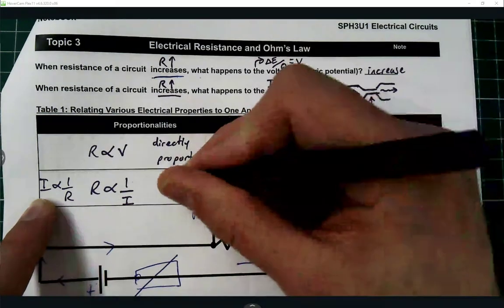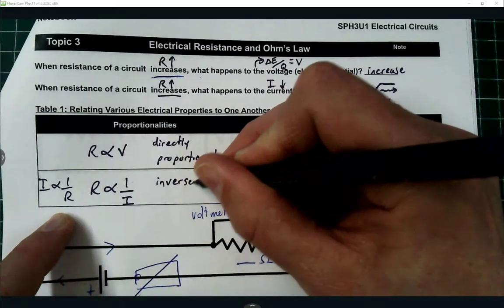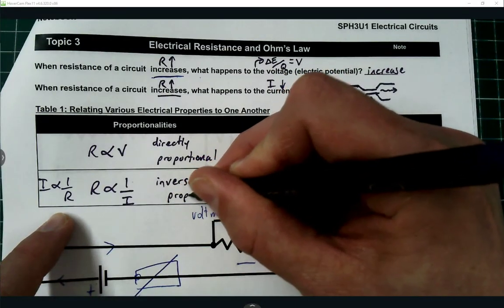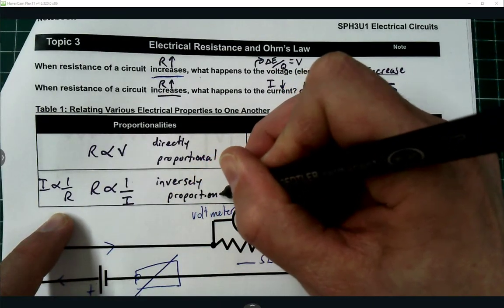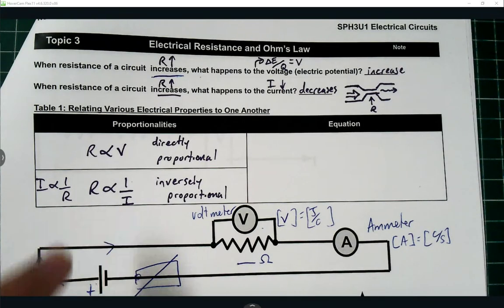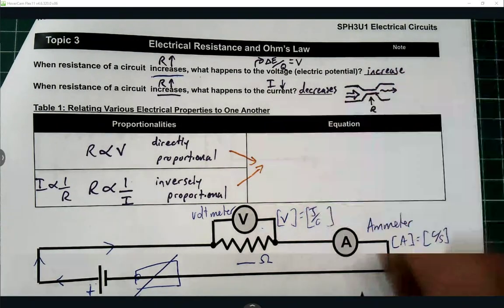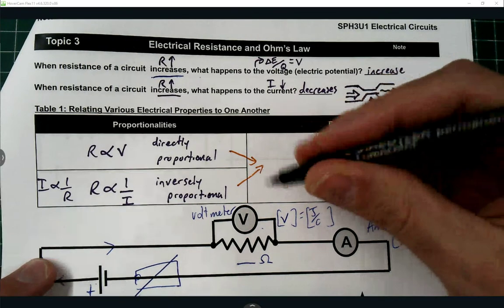And we read this as resistance is inversely proportional to current. Now, if I take those two ideas and bring them together, then I can relate resistance to current and voltage.